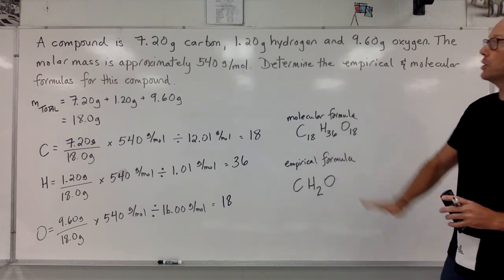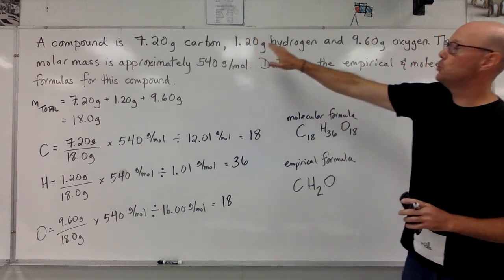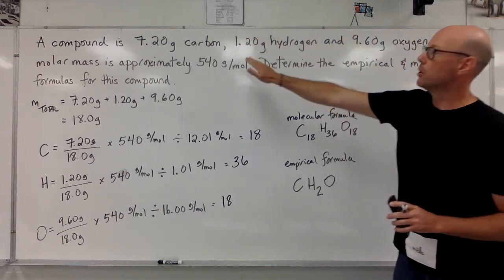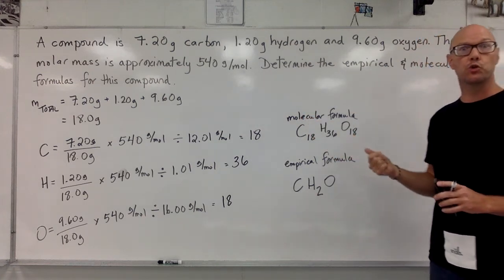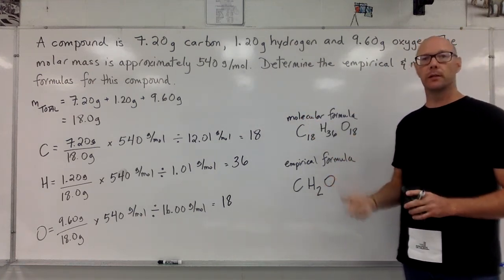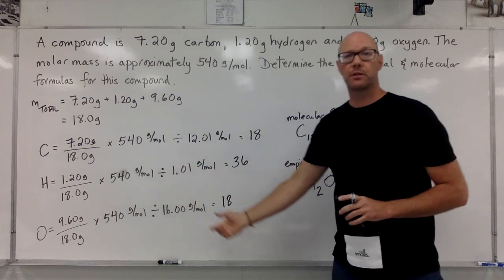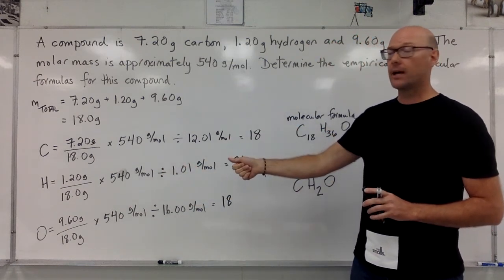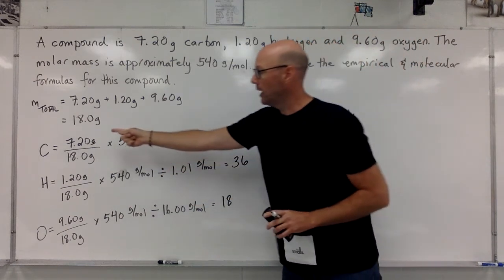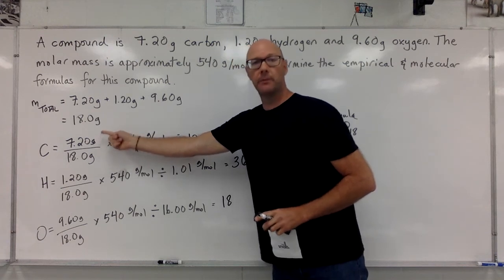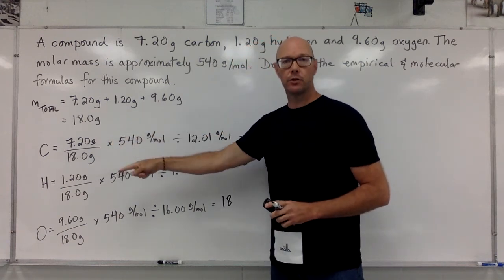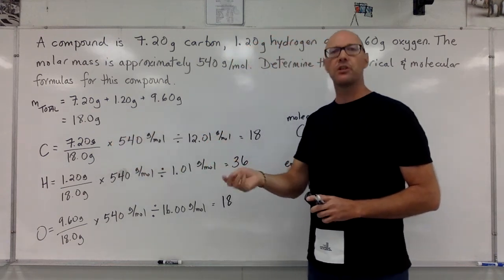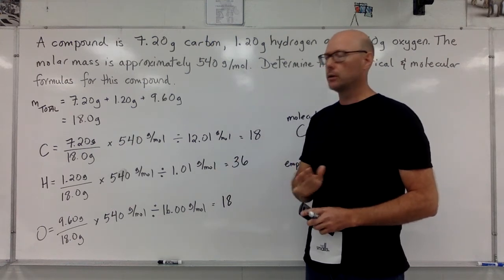When we have a question that gives us individual masses and the molar mass, and asks us to derive the formula, figure out the formulas, we have these few steps to follow. Add the masses together, find that total, take each individual element's contribution and divide by the total, like you were going to find the percent, but don't multiply by 100.